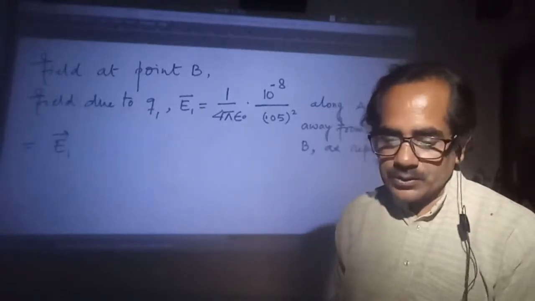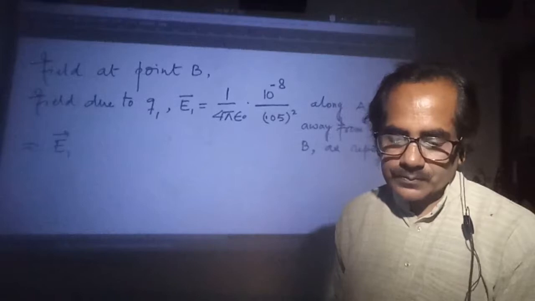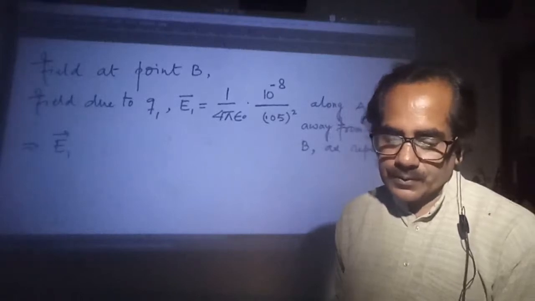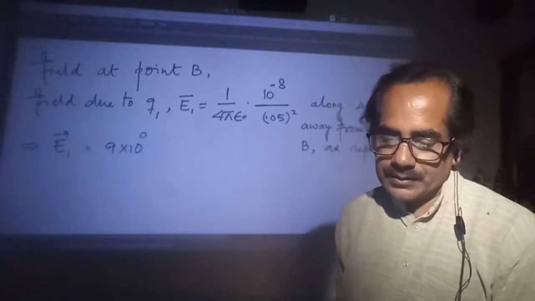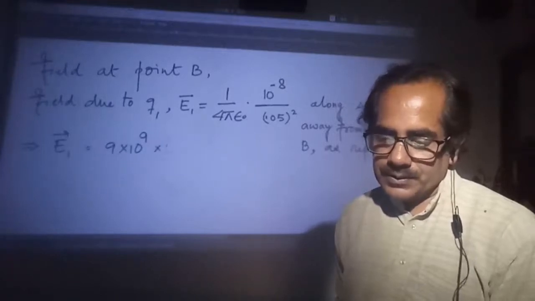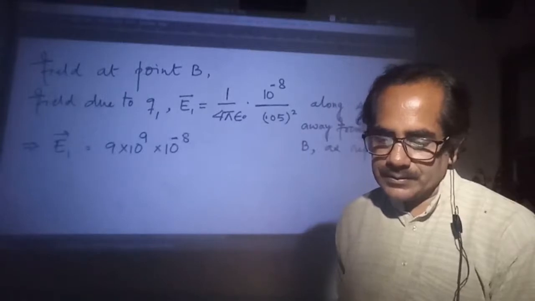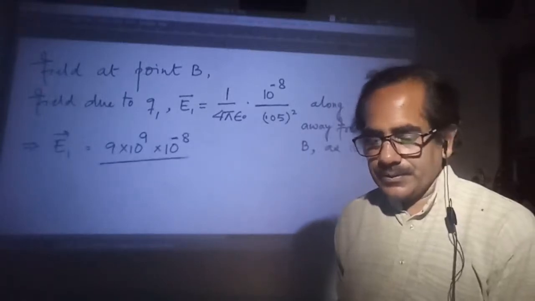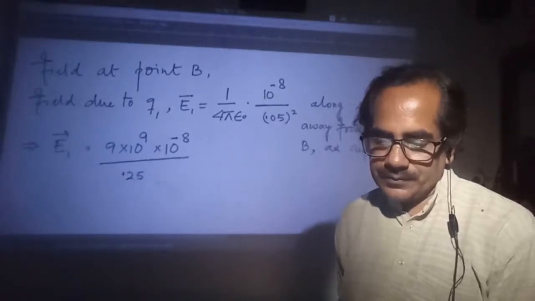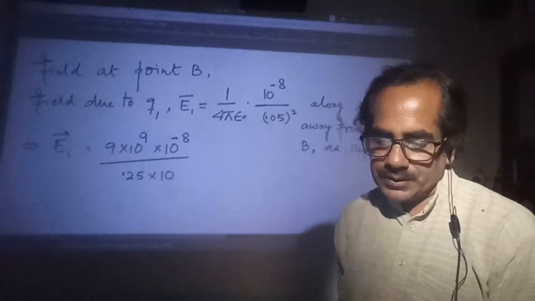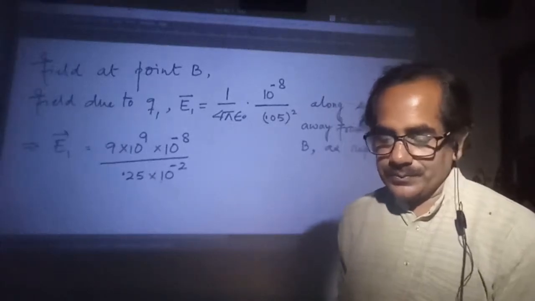So E1 equal to 9 into 10 to the power 9 into 10 to the power minus 8 upon 0.25 into 10 to the power minus 2.